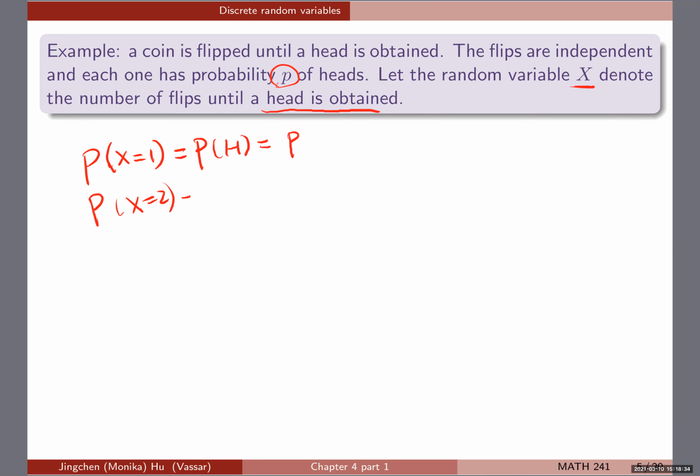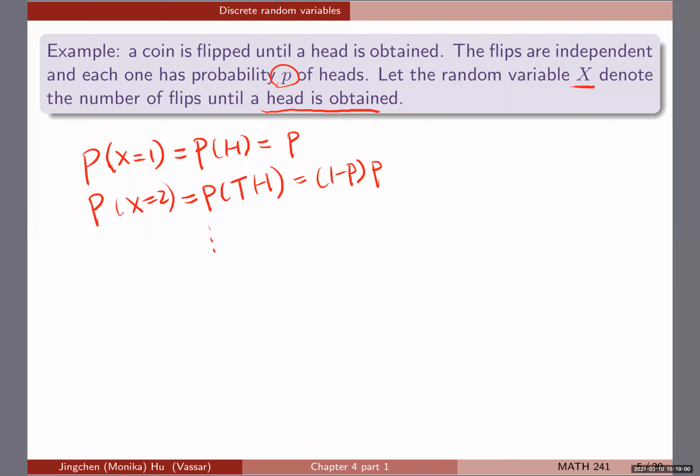To have that happen, the first one is tail, the second one is head, which now we know is 1 minus P times P. 1 minus P is the probability of getting a tail on the first flip, and then P is the probability of getting the head on the second flip. They're independent, so we multiply them together.